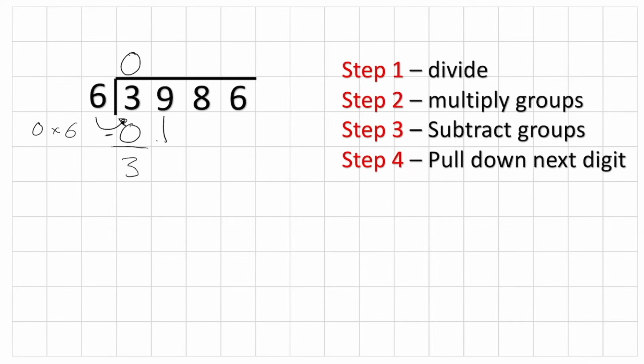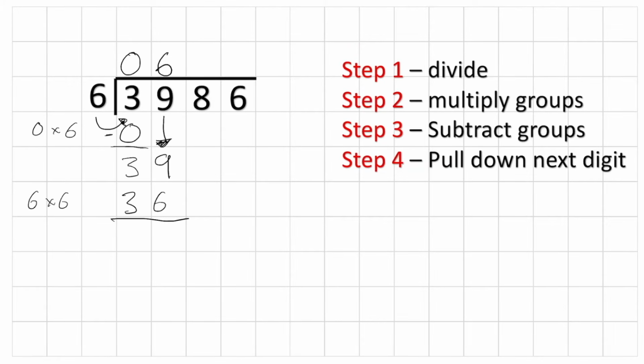Pull down my 9 to answer the next question. How many 6s are there in 39? 6, 12, 18, 24, 30, 36. Can't get to another number, so we have 6. 6 times 6 is 36.